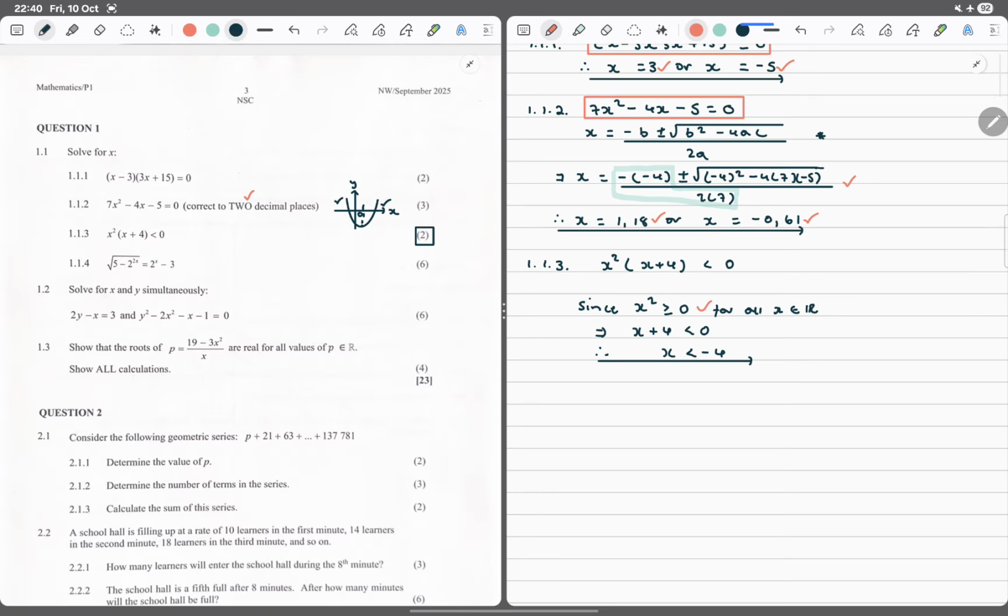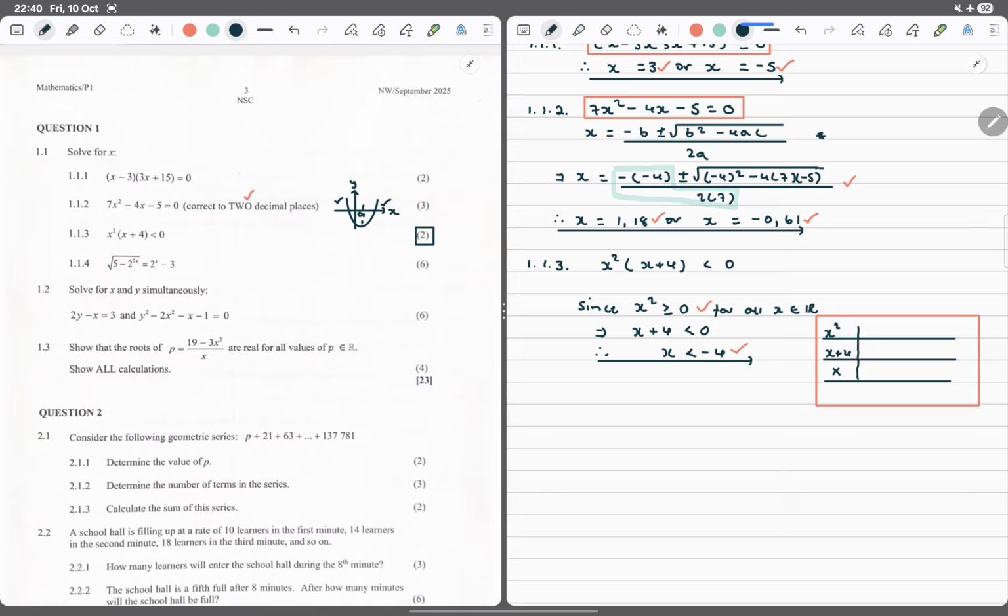Perhaps stating that fact and ending up with that deduction makes a bit of sense, right? But remember, students, one is still allowed to use our tools if we know how to use them correctly. So if we've got x squared here and we've got x plus 4, we put them on our table of signs and work out where the solutions lie.